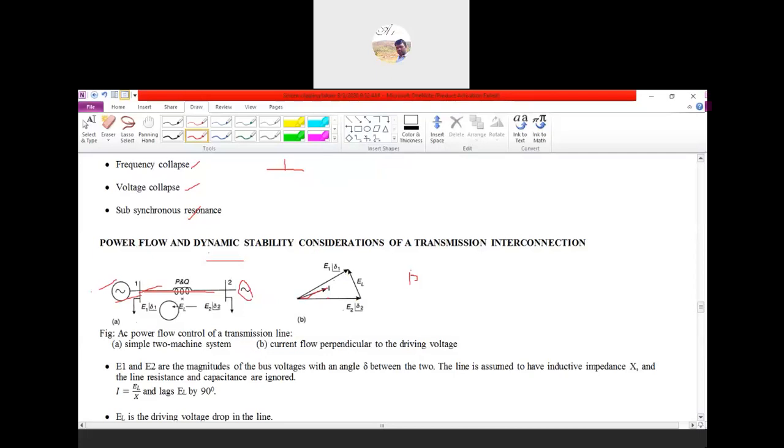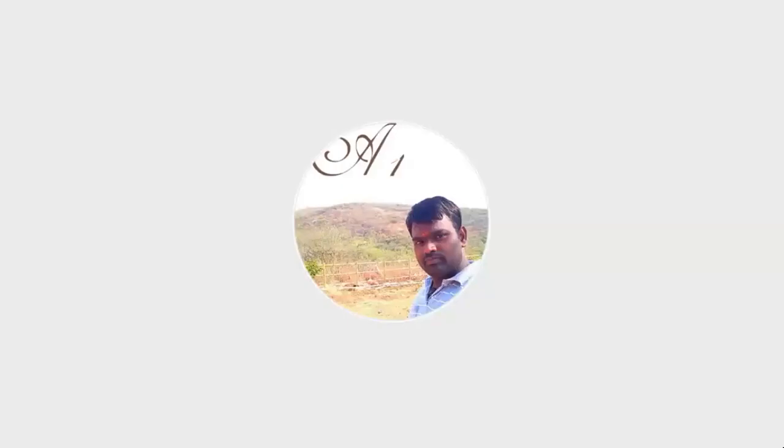Active power is flowing in phase with the transmission line, whatever the voltage is there.